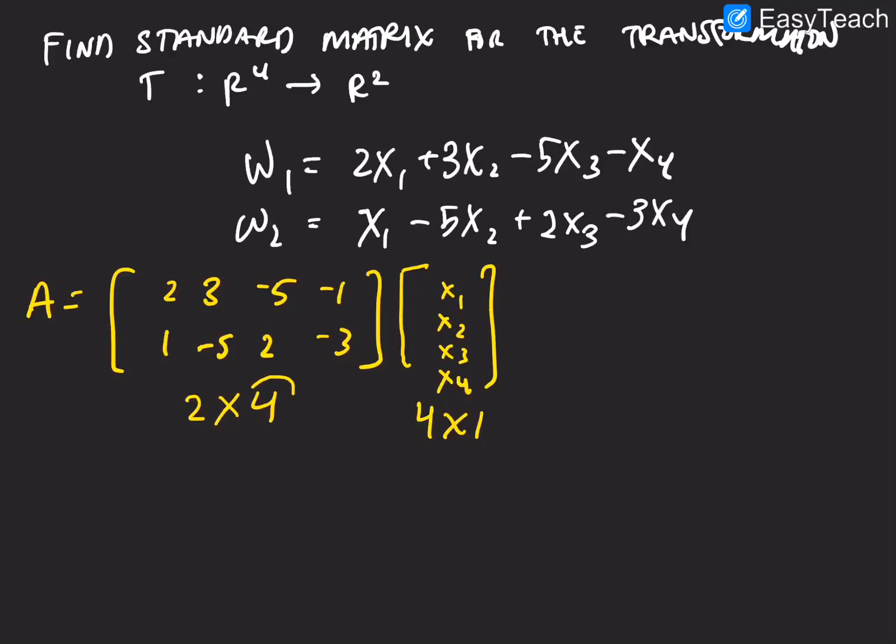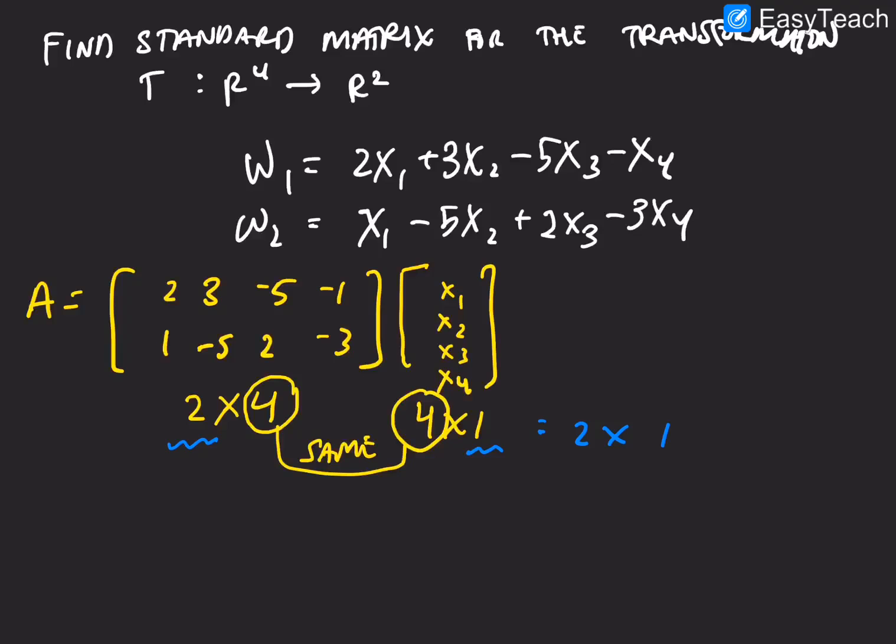So since these are the same, your new matrix from the product will be a 2 by 1 matrix. And that's exactly what you're looking for, because that's a two-dimensional coordinate or vector.